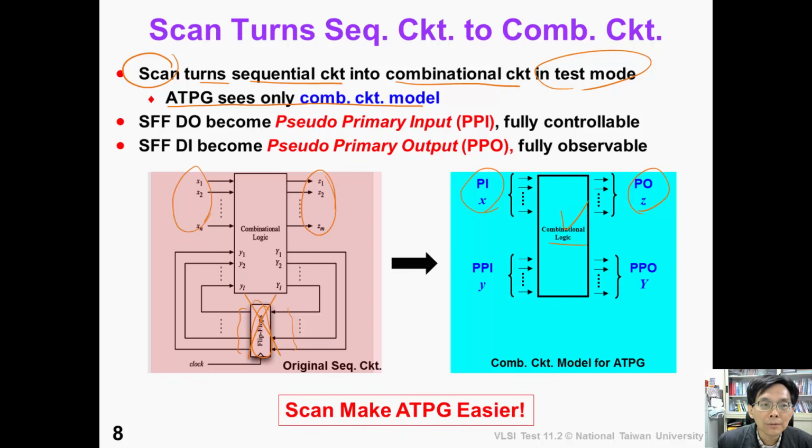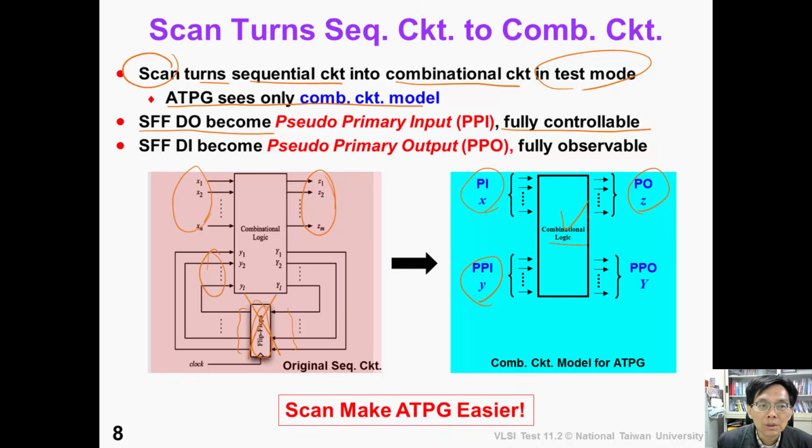And the scan flip-flop data output now becomes pseudo-primary input for this combinational circuit model because they are fully controllable.